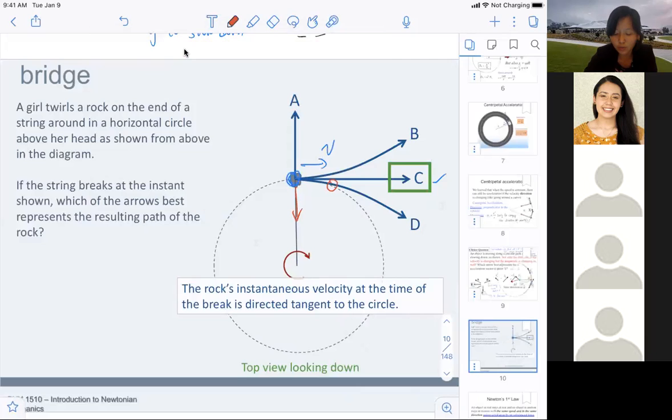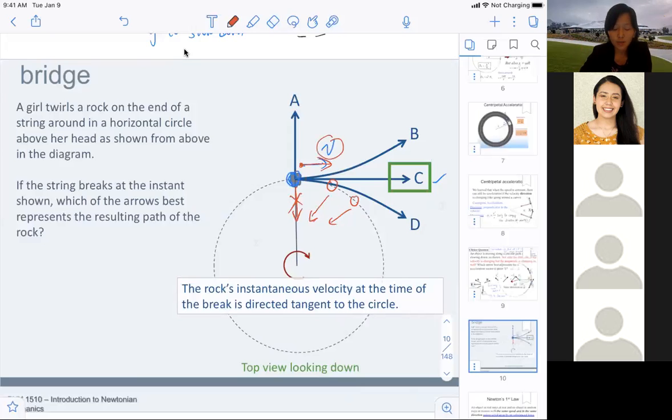If you continue to pull it toward the center, it's going to continue to change the direction of your velocity. But if your string breaks, it's not going to come closer. It's not going to turn, right? So the horizontal velocity will just remain that velocity in the parabolic motion. This horizontal velocity will not change; it will remain the same magnitude and same direction as it flies away. So it's going to fall down, but the horizontal velocity is still the same magnitude and direction.